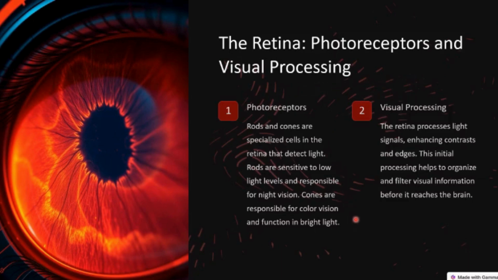The retina, photoreceptors and visual processing. The retina is a thin layer of neural tissue that contains photoreceptors, rods and cones. The rods are specialized for low light, scotopic vision. They are more sensitive to light but do not detect color.